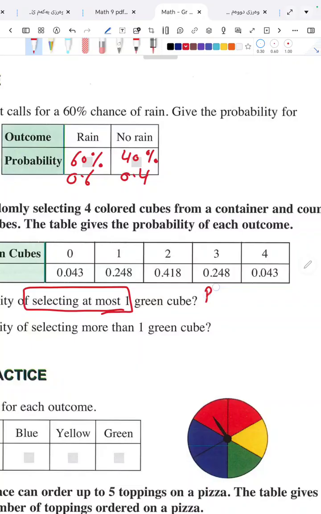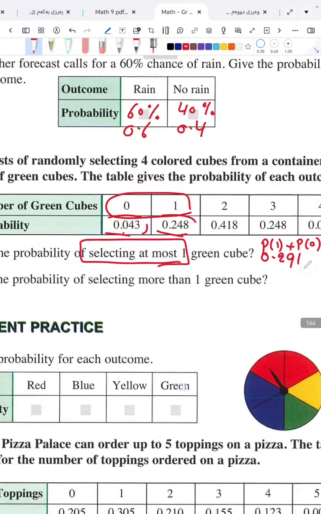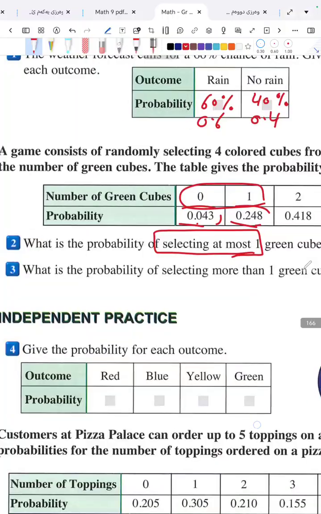We will say probability 1 plus probability 0. When you add them, it will be 0.291. At 0.248 plus 0.043, it will be 0.291.